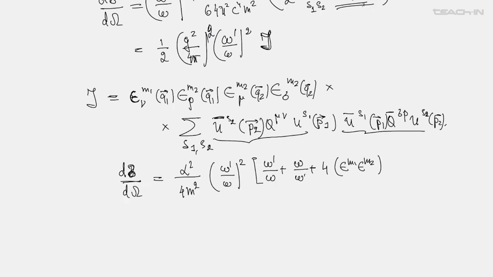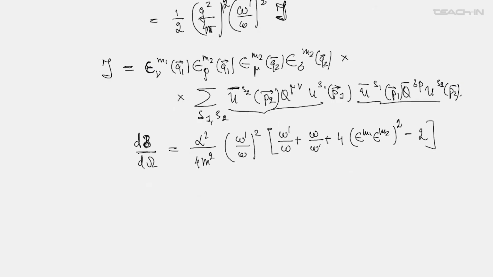Here alpha is the fine structure constant, and one can also introduce what is called the classical radius of the electron. This is the ratio of the fine structure constant to the electron mass, and written down with all the constants restored, this is e squared divided by 4 pi m c squared. And this quantity is approximately 2.8 times 10 to the power minus 15 meters.